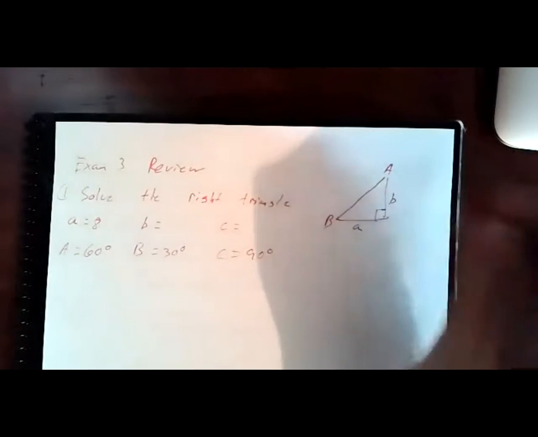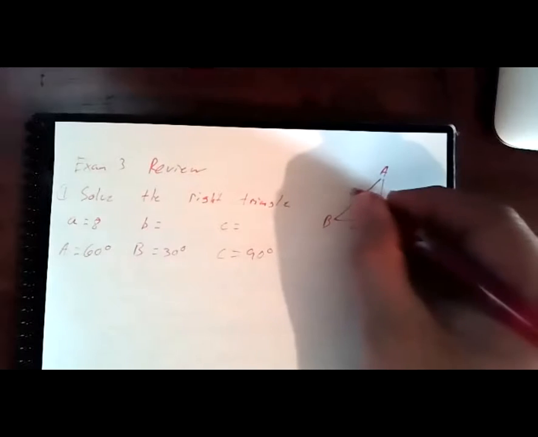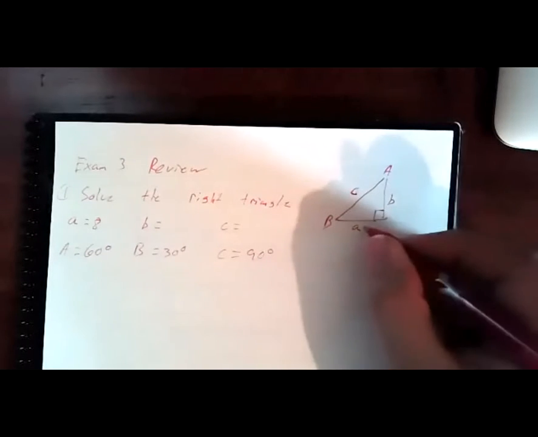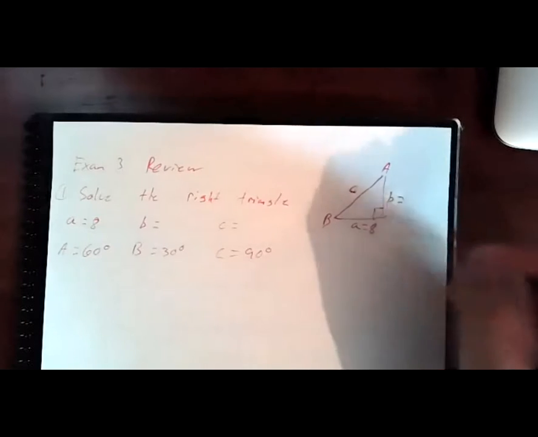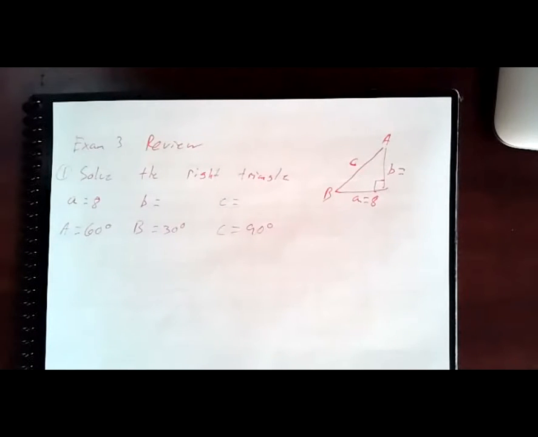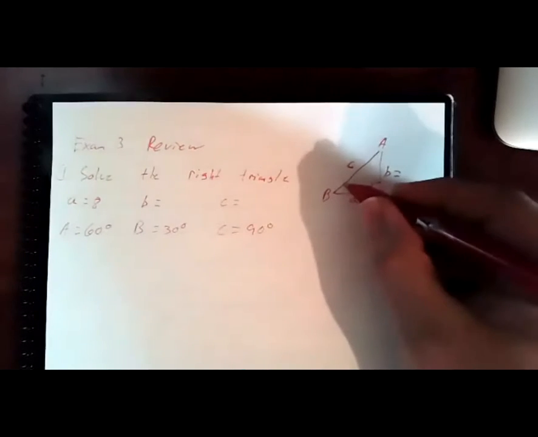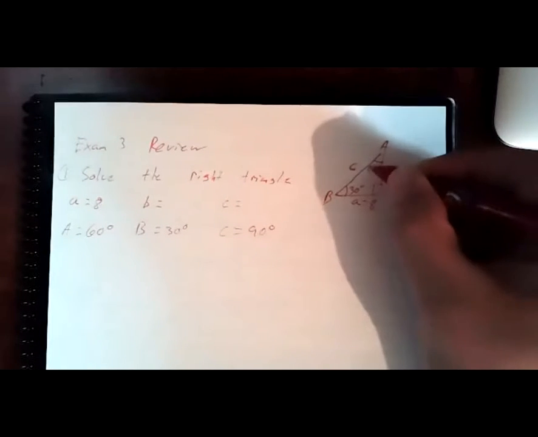So there's this c, a is 8, b is that. Okay. So capital B was 30. We found A to be 60.